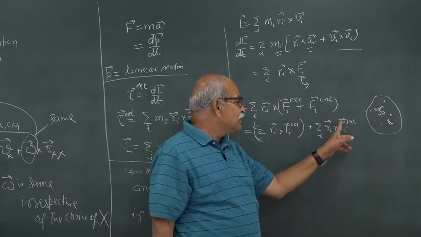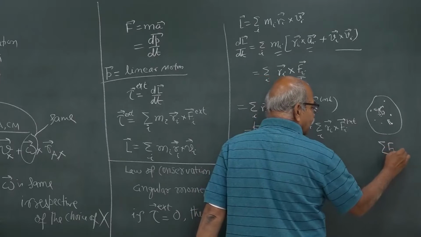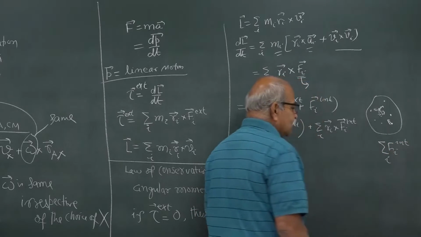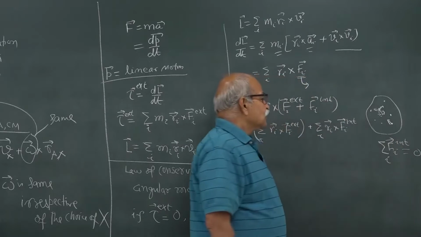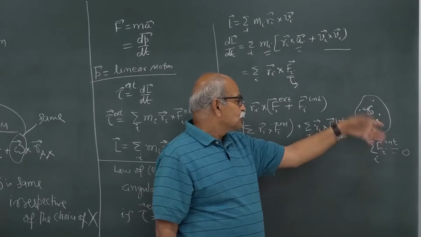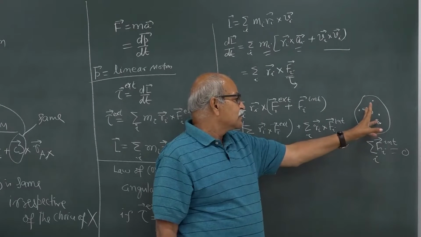So, the total summation of Fi internal over all the particles will be 0. That is Newton's third law. These two particles are attracting or repelling or doing whatever, and the magnitudes are the same, the directions are opposite.